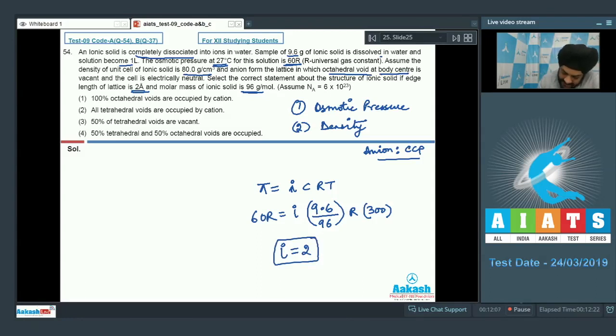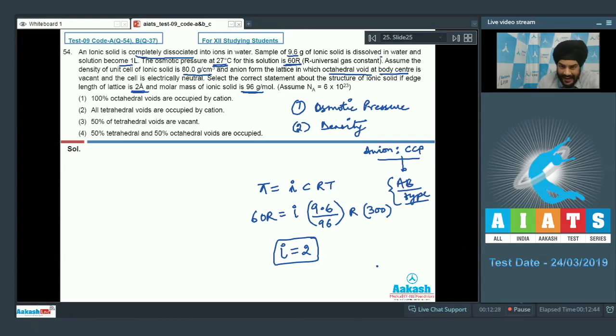So it means that the lattice is AB type. So there is one cation present for every anion in the lattice.